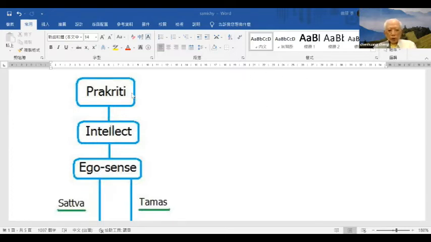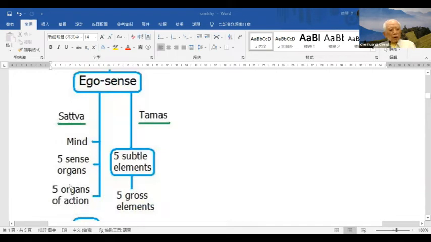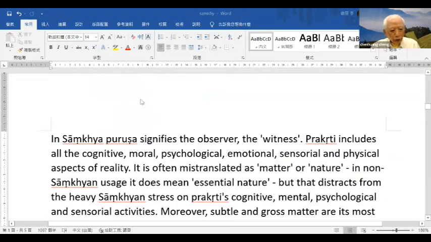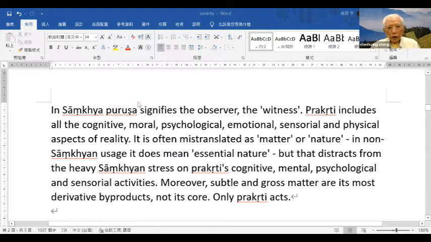And when these two come together, the properties evolve to interact to ego sense, the five sense organs, five organs of action, and also mind. There is a kind of mind, and it also evolves in the material direction. There are five subtle elements and five gross elements. We have the gunas. Gunas means attributes or qualities. Then we have the detailed explanation.